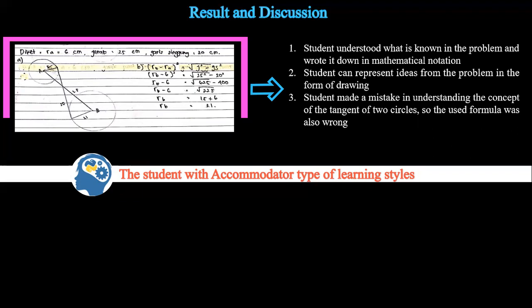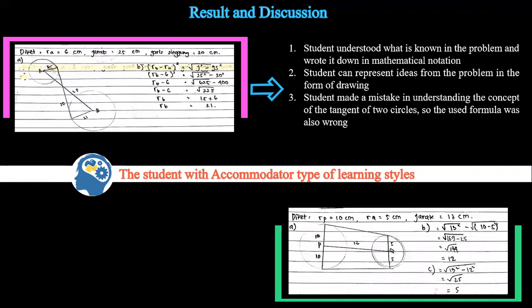In the representation indicator, the student represented ideas in the form of a drawing correctly. Point 3. In the alternative solution indicator, the problem-solving procedure used was not right. The student made a mistake in understanding the concept of the tangent of two circles, so the formula used was also wrong.